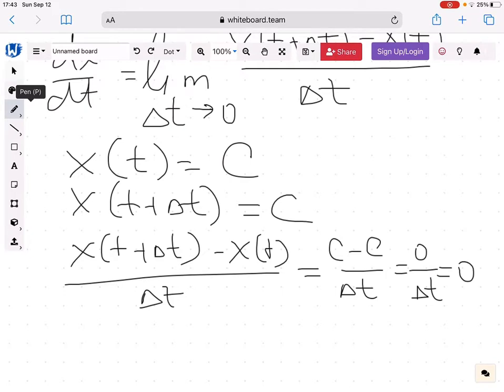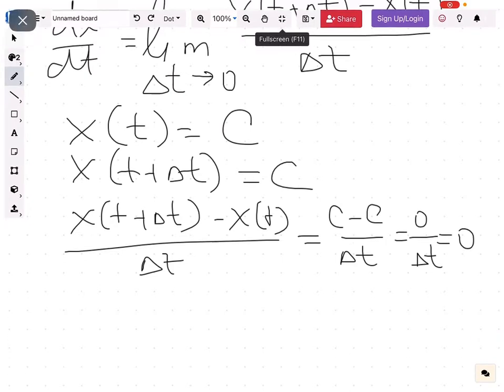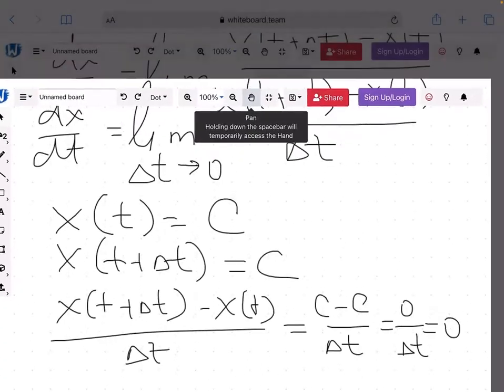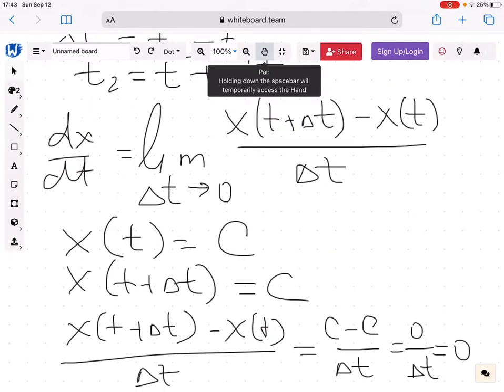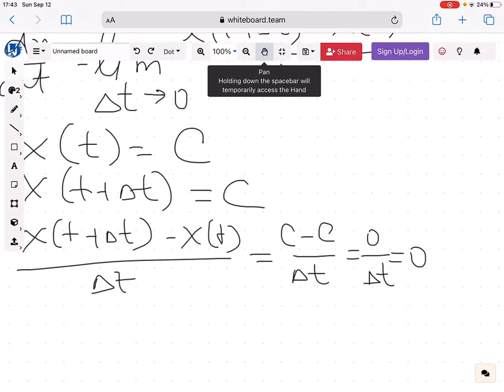All right. And the next thing we need to do is look where this ratio is going to go when delta t goes to 0. Well, it is 0 at any delta t.